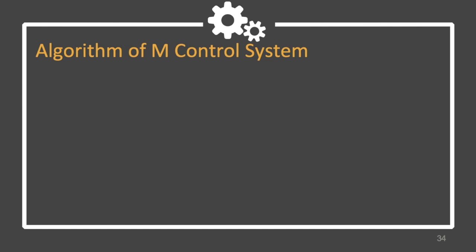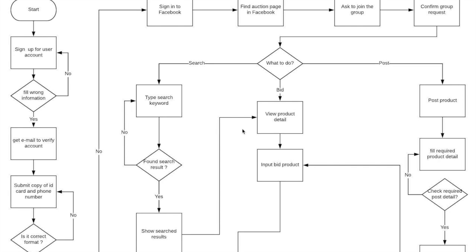So then I will show the algorithm of the M control system. First, start with signing up for a user account, and the condition will check whether the user filled in wrong information or not. If so, they need to sign up again. But if not, they will get an email from the Facebook system to verify the account. And then the user needs to submit a copy of their ID card and phone number.